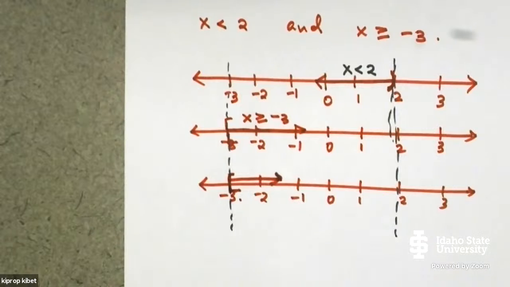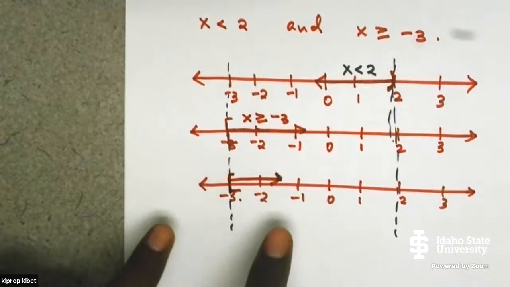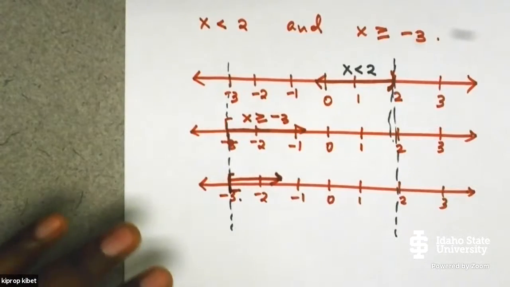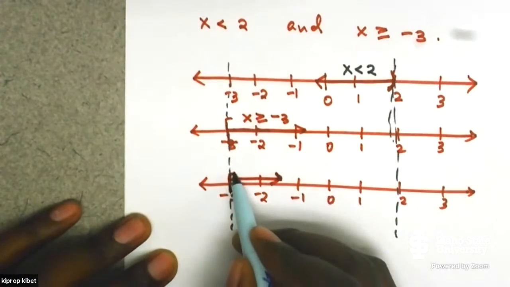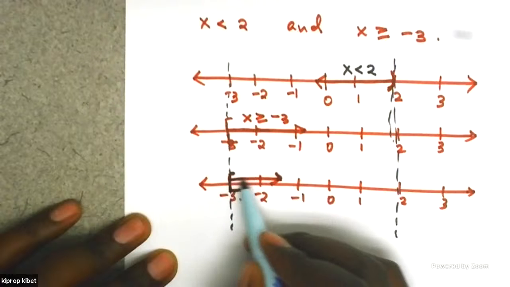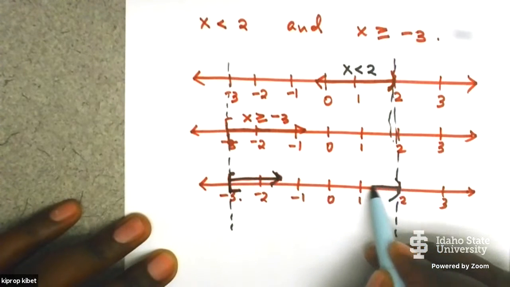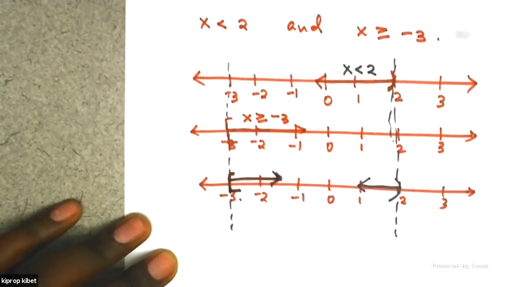So therefore, what will satisfy both the inequalities? The one which will satisfy both the inequalities will be this, which is going this way, and coming that way, right?